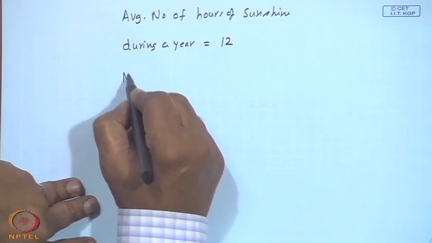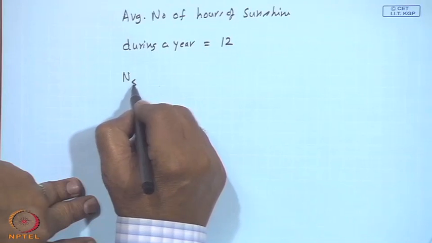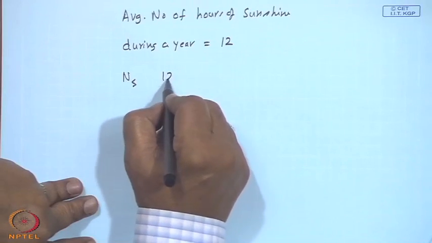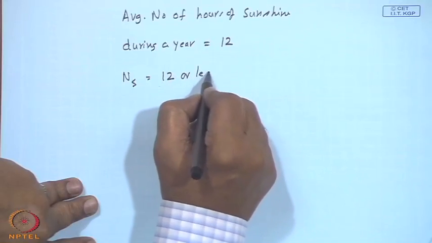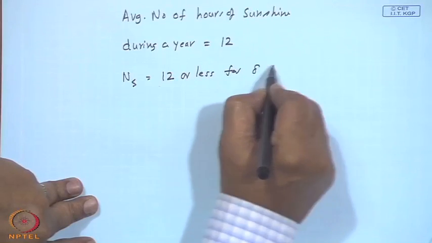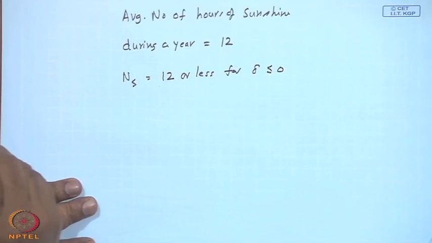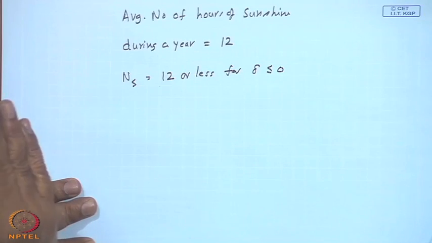Given this fact and comparing with the tilted surface, my N_S is 12 or less for delta less than or equal to 0. That means, if I am having a negative declination, my physical sunrise and sunset hour angles give 12 or less than 12, and I restrict it depending upon the value of phi minus beta to whatever is the value that you obtain by calculation.